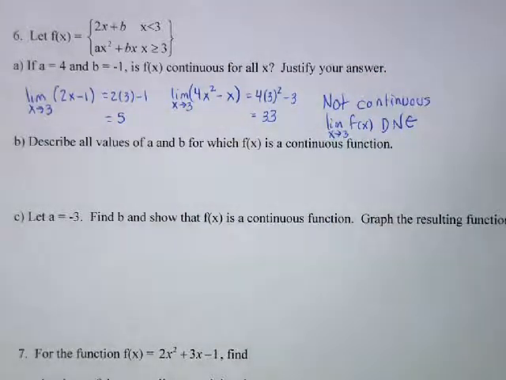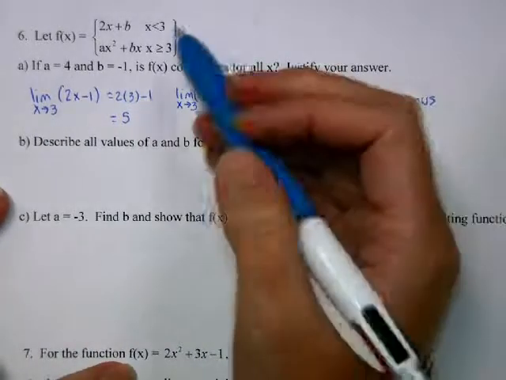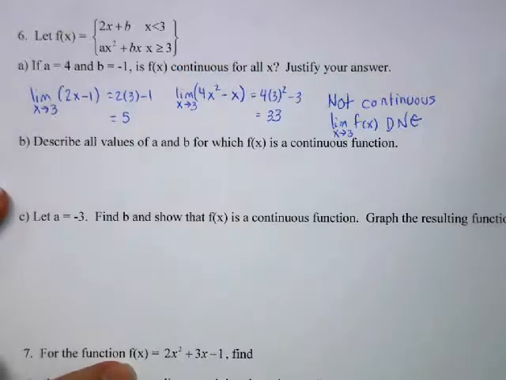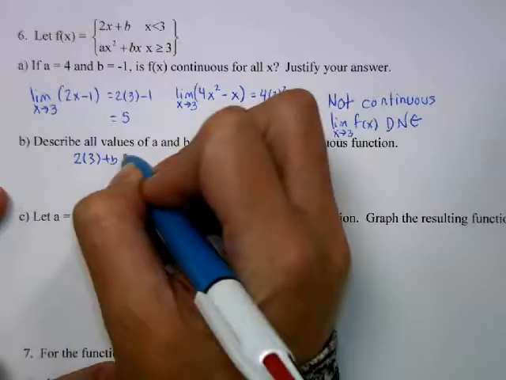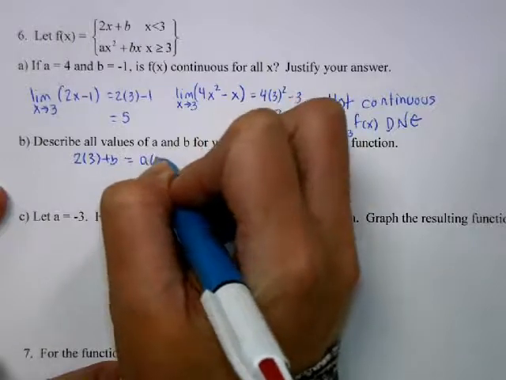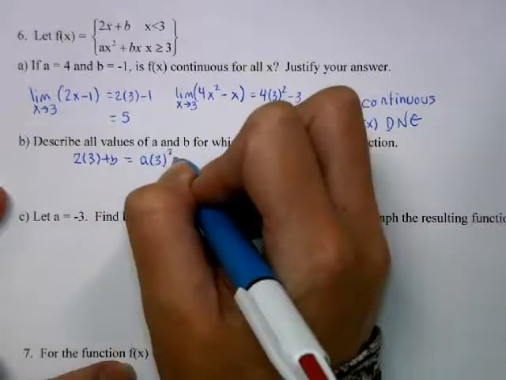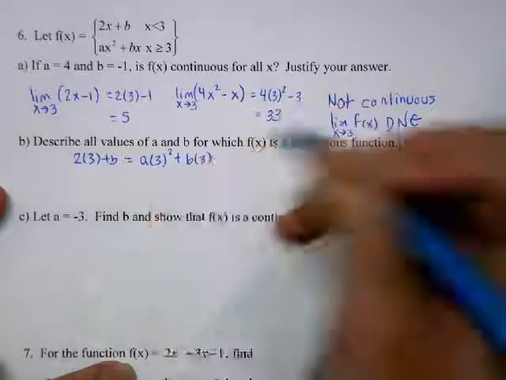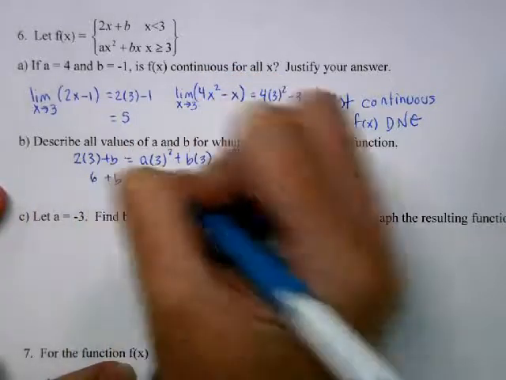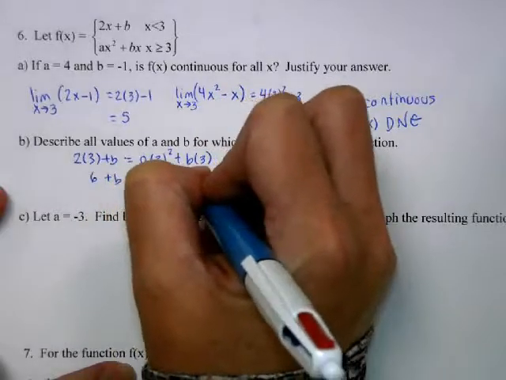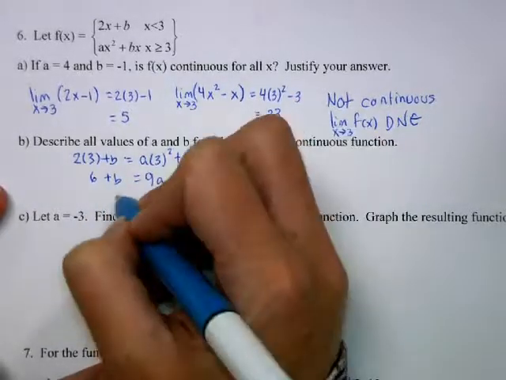So if I get 2 times 3 plus b is equal to a times 3 squared plus b times 3. So you can write this in different ways, but that's fine.